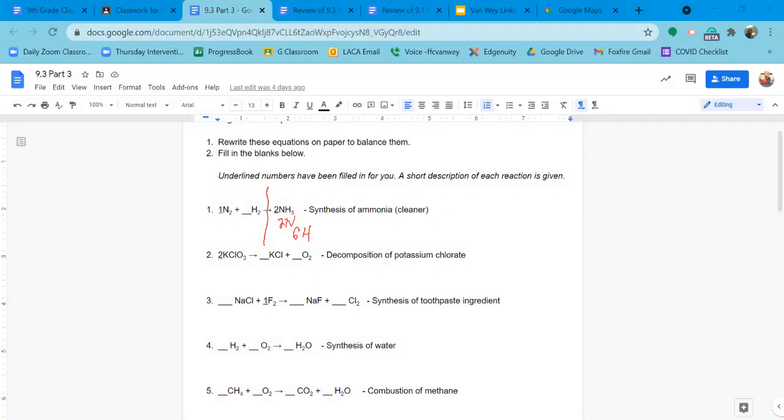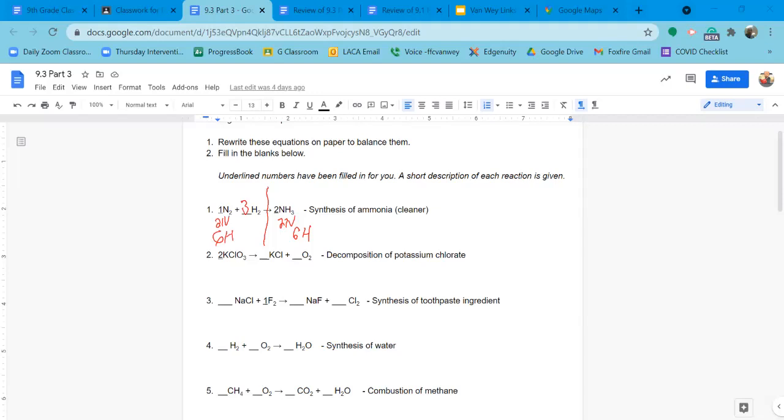In my reactants, I have 1 times 2, I have 2 nitrogens. And I need to make 6 hydrogens in my reactants. And so they come 2 at a time. So I'm going to divide 6 by 2. That's going to give me 3H2. Okay. That gives me 6 hydrogens on this side.